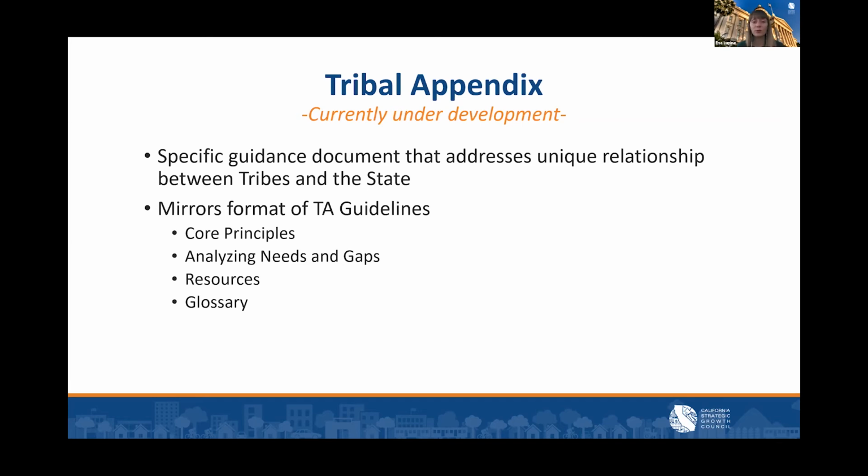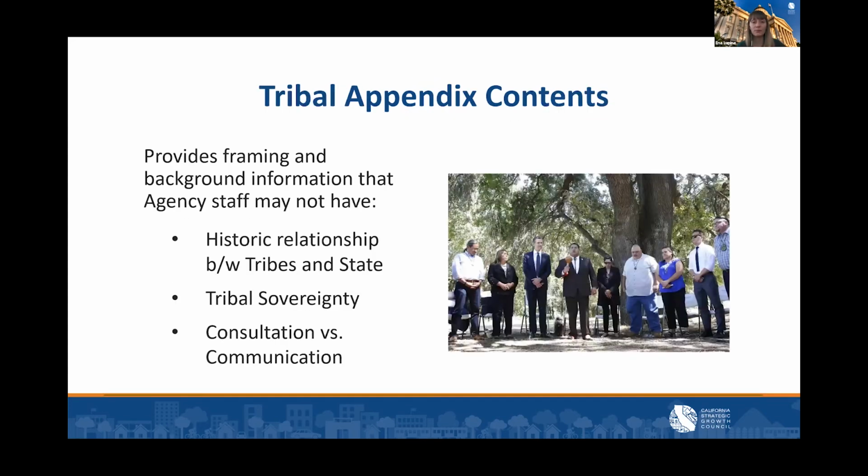So it mirrors the format of the rest of the TA guidelines, including its own core principles and guidance around analyzing needs and gaps in different resources that might be helpful. And it provides some framing and background for folks that may not have information about the historic relationship between tribes and the state, which is really very critically important to understand before moving forward with a process of working with tribes.